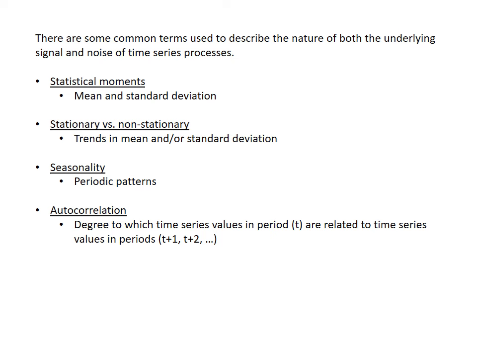And so both in terms of the signal and the noise, we describe them very similarly, both in terms of their statistical moments, so the mean and standard deviation of a signal versus a noise, stationarity, right? So whether things change over time, you could have a signal that's very clean, that's stationary, that is a stable mean.